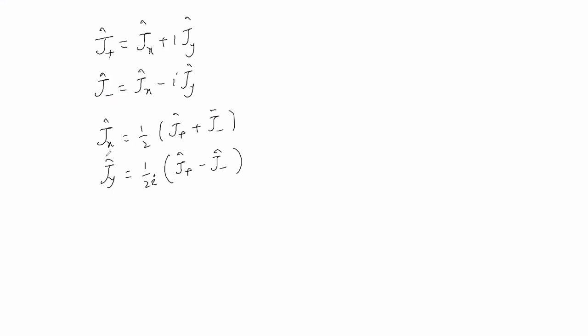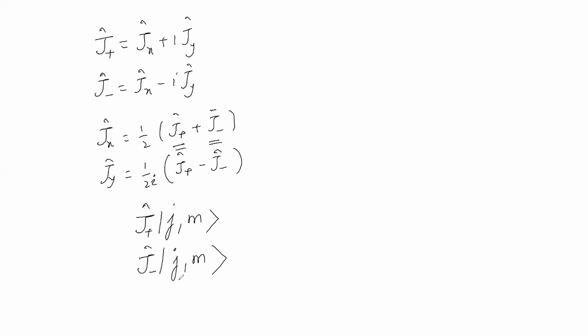That means if I want to get Jx and Jy, then I need J plus and J minus. Then we have to see how J plus is going to act on Jm, or how J minus is going to act on Jm.